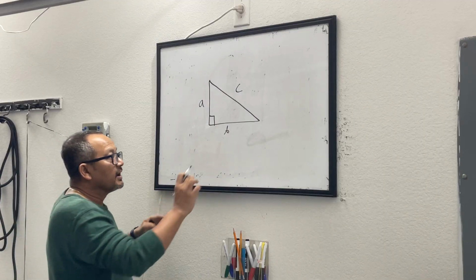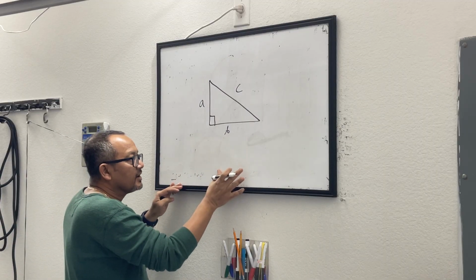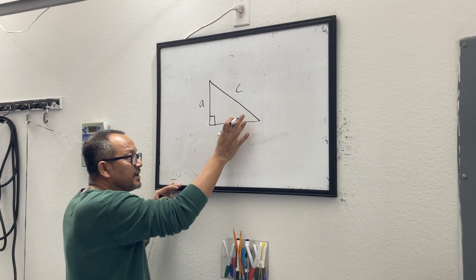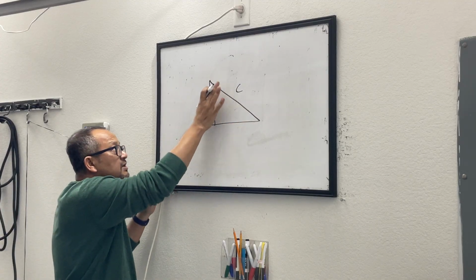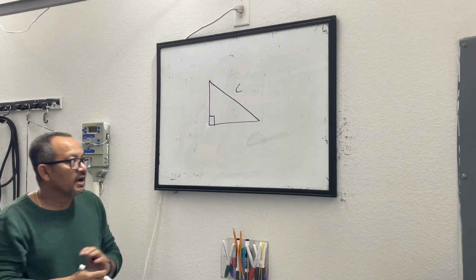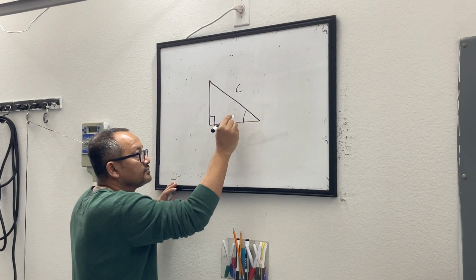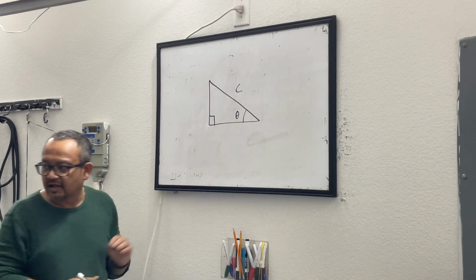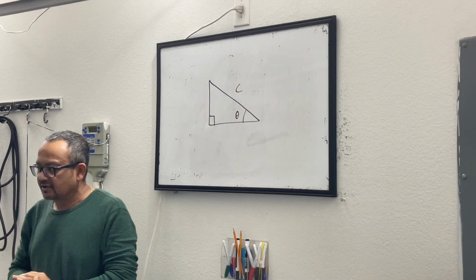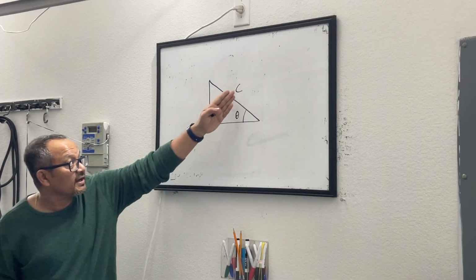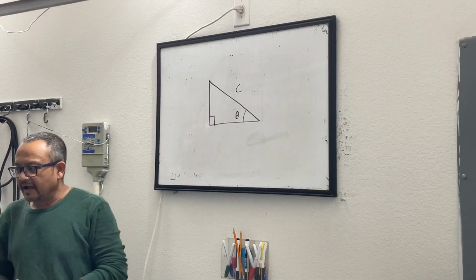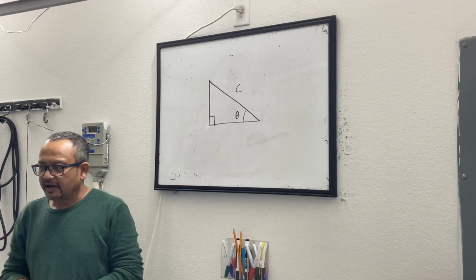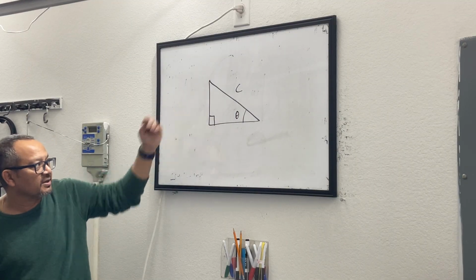Now, as long as we knew the sides, it was fine. Now we know only one side, let's say, and one angle, theta. That is when trigonometry came into light. You can relate the sides and the angle to find out the remaining dimensions.